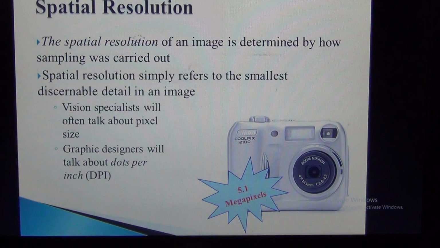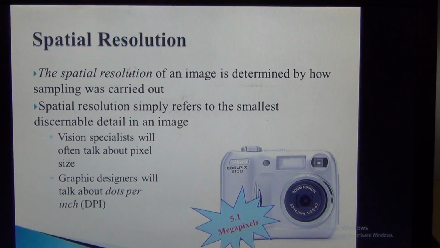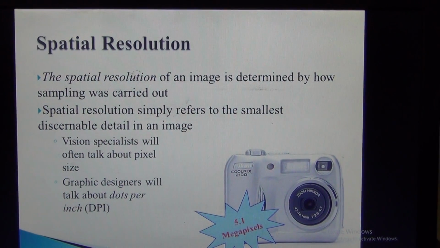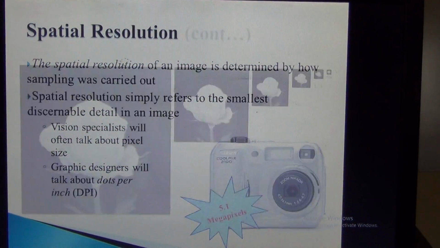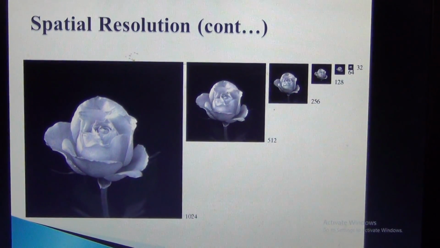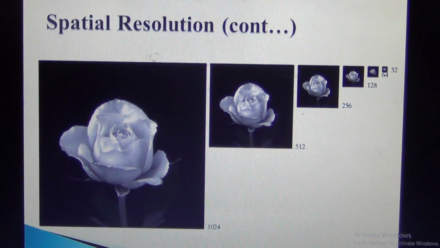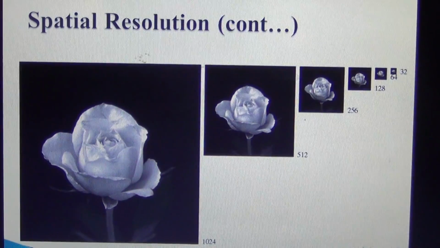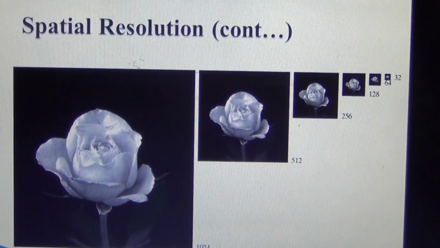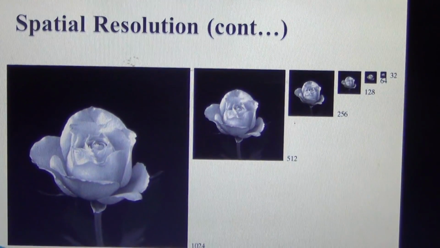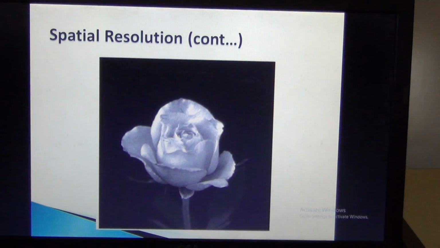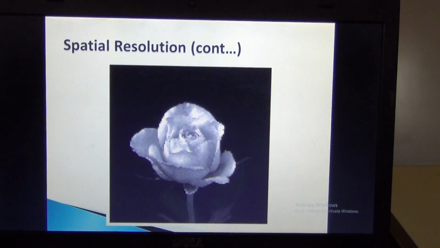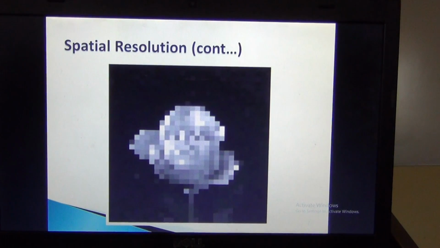So it can be said that an image whose intensity is quantized into 256 levels has 8 bits of intensity resolution, because as we can see in this image, it consists of 1024 by 1024 pixels, and each pixel contains different gray levels. Next is 512, this is 256, 128, 64, 32.